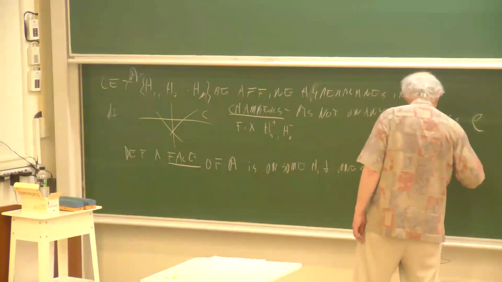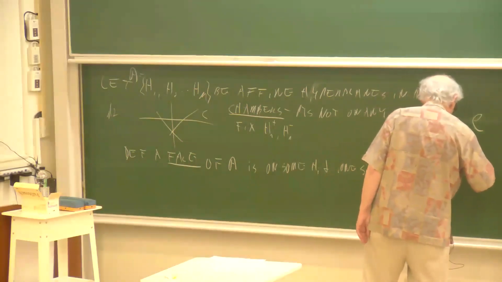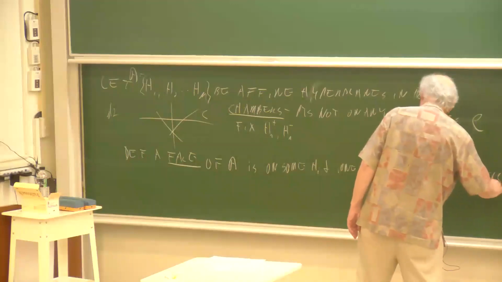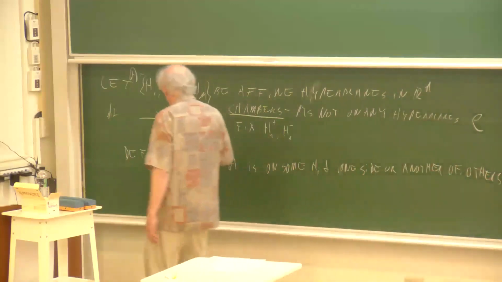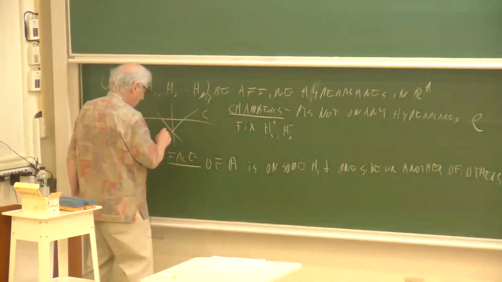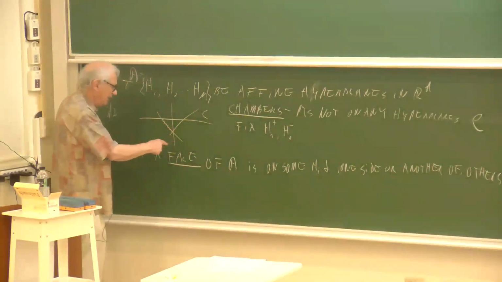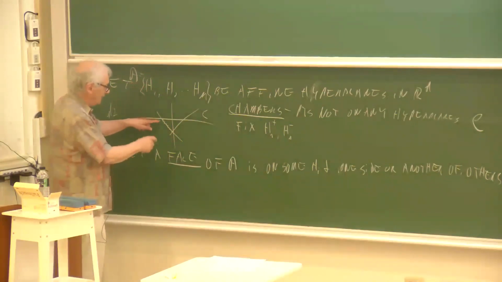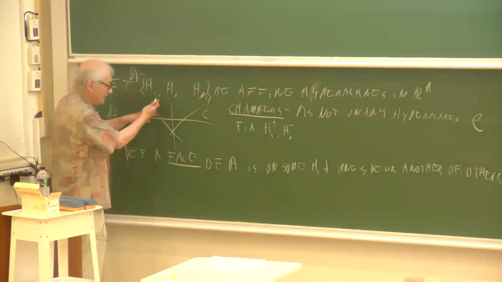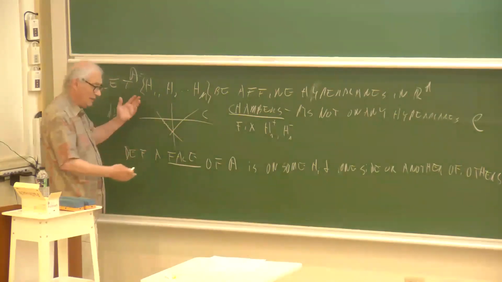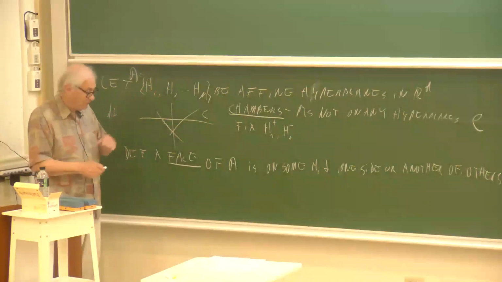That's a little vague, but it's easy to say. So, for example, this is a face. This face is on this hyperplane. The face could be on several hyperplanes, and this face is on the positive side of this, and the negative side of this, and on the positive side of this. Is that okay? That is the notion of a face of a hyperplane arrangement.